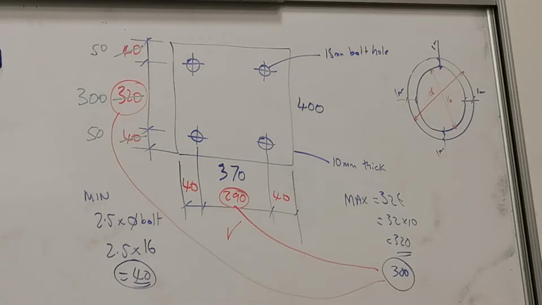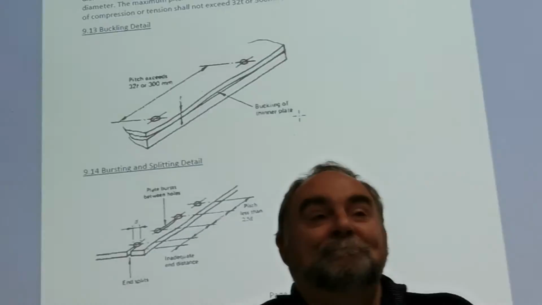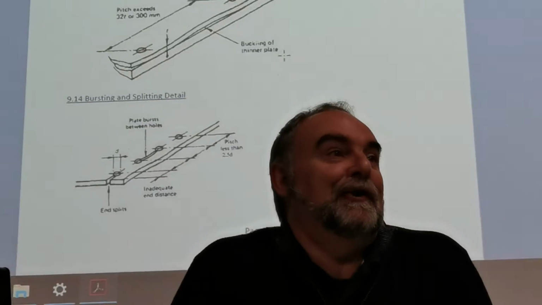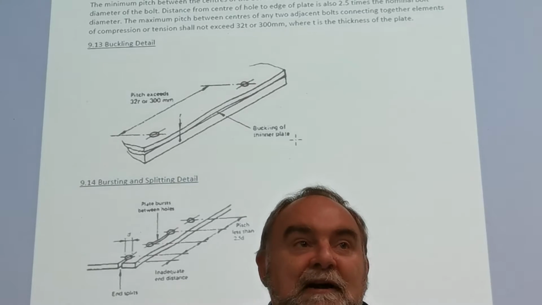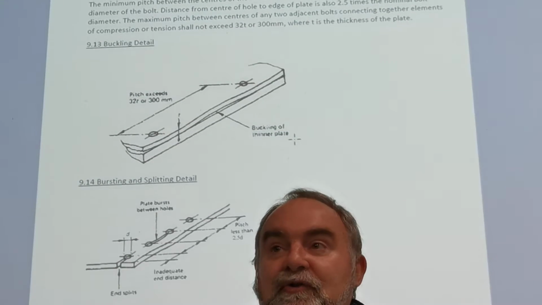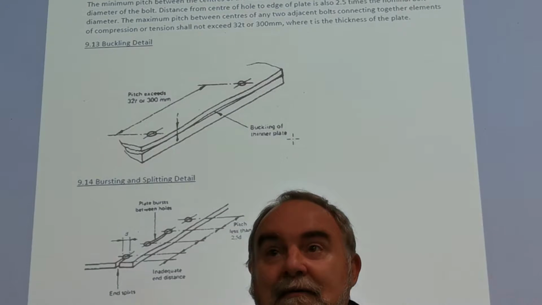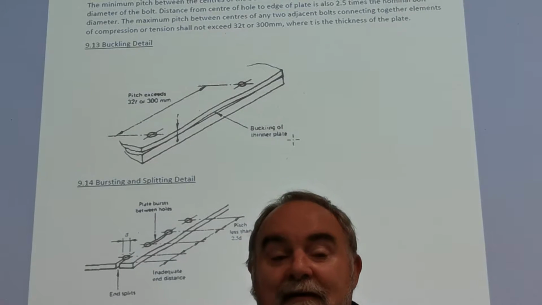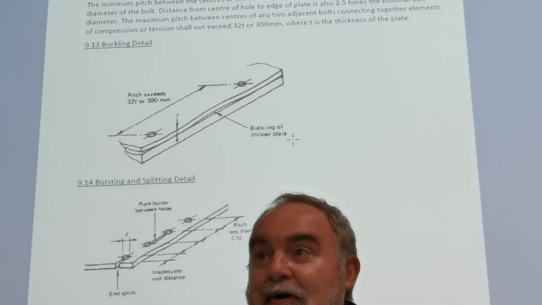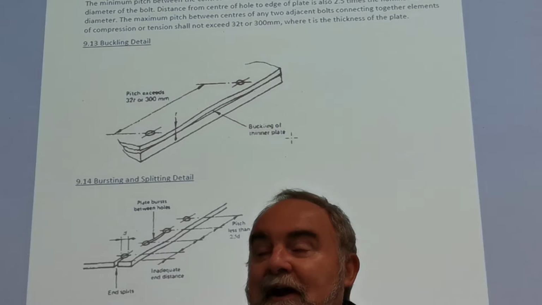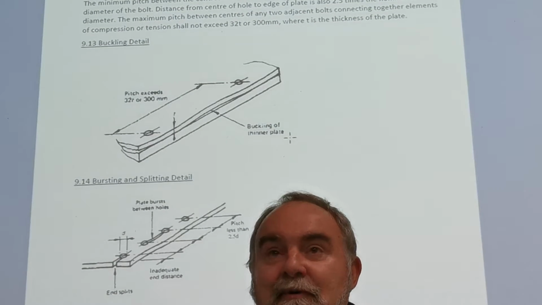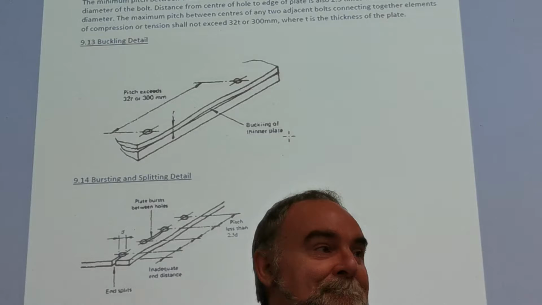Now here's your dilemma for your assignment. For those that have looked in the assignment over the last week, I haven't given you a plate size. And there's a very good reason for that, because I'm expecting you to make up your own plate size. It isn't a good idea to make the same plate size as your friend, because you'll end up with the same total as your friend on the assignment, and I'll start thinking, hold on, someone's copying someone here, if you know what I'm talking about.